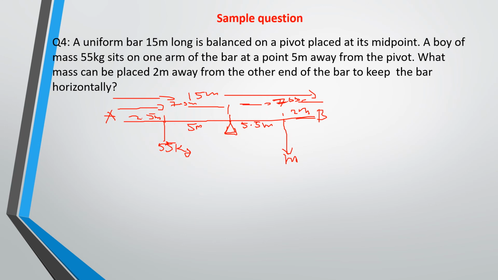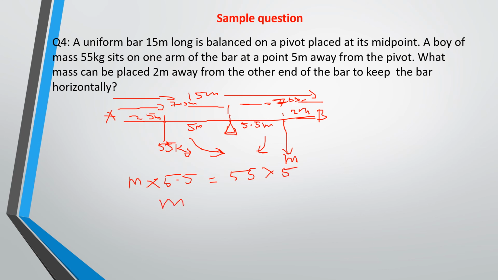What you just need to do is clockwise moments equal anti-clockwise moments, and once you have done that, your answer comes out readily. So your clockwise moment is M times 5.5, equal to the anti-clockwise moment, which is 55 times 5.